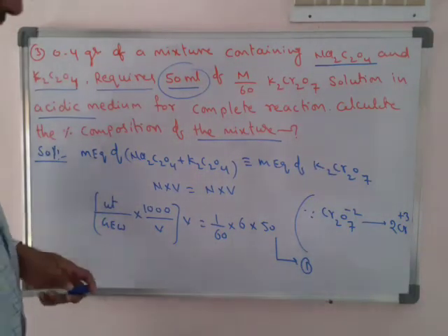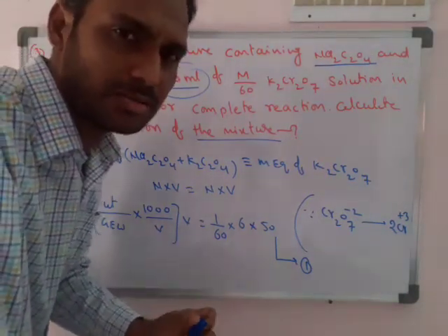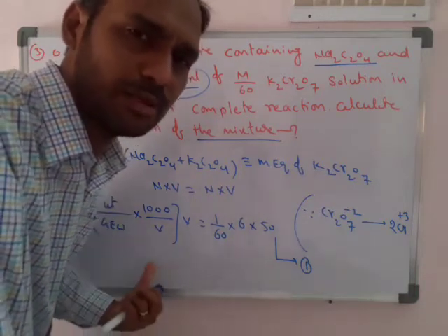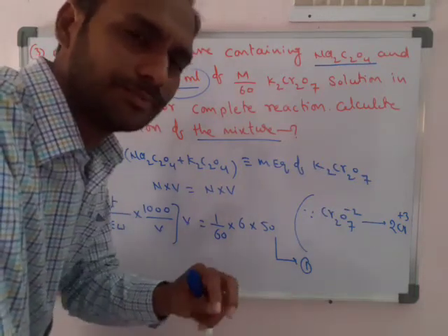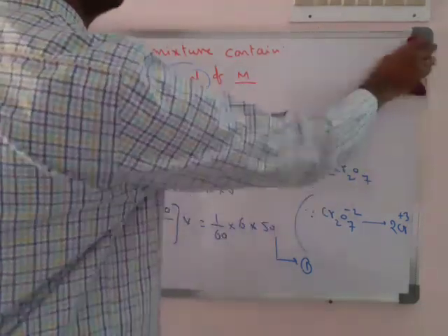So now we calculate the weight by equivalent weight part. We have to find it out separately because it's a mixture of compounds; for a single compound we would find it directly, but for a mixture we are calculating it separately.